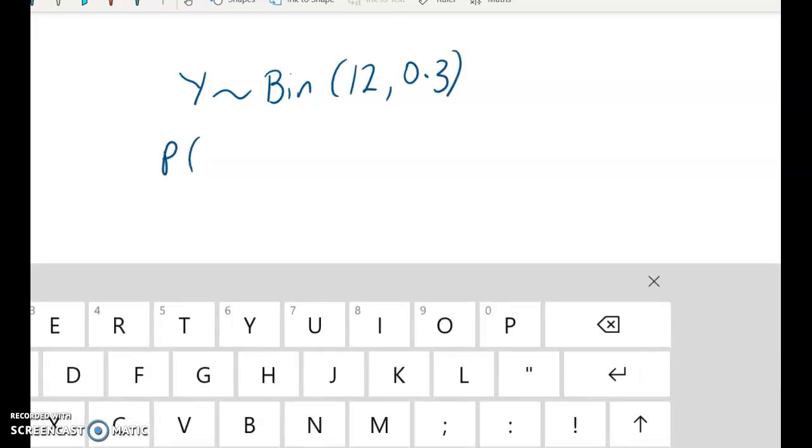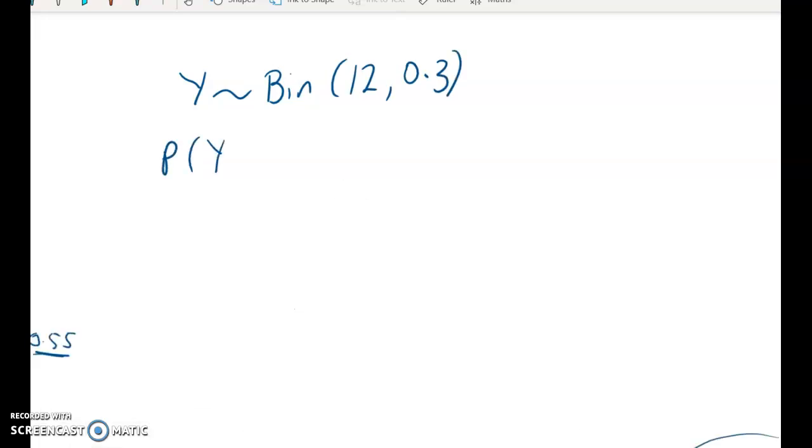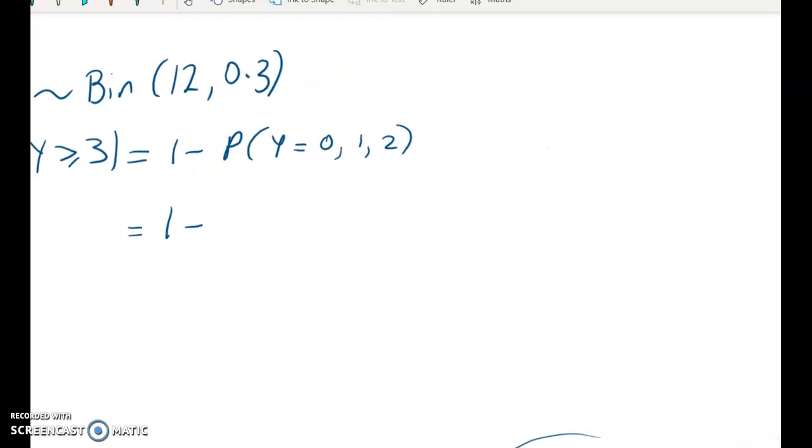And our job is to find the probability that he gets at least 3 out of 12 goes where he's getting a 1. The easiest way to work this out is to find 1 minus the probability of 0, 1, or 2 goes being successful. So that's 1 minus, so the first one, we can do this with our coefficients, right?